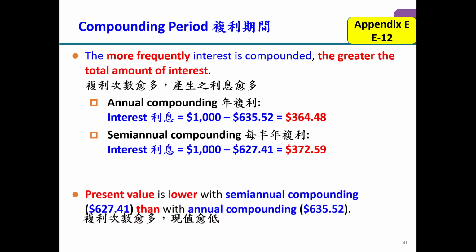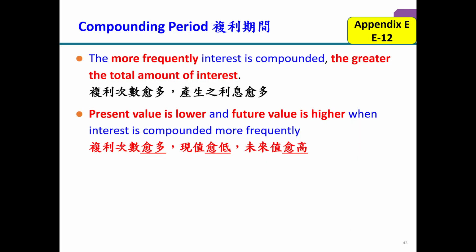Any questions? So based on the case I noted, when your N is higher, okay? N is higher means what? Your interest occurred more frequently.